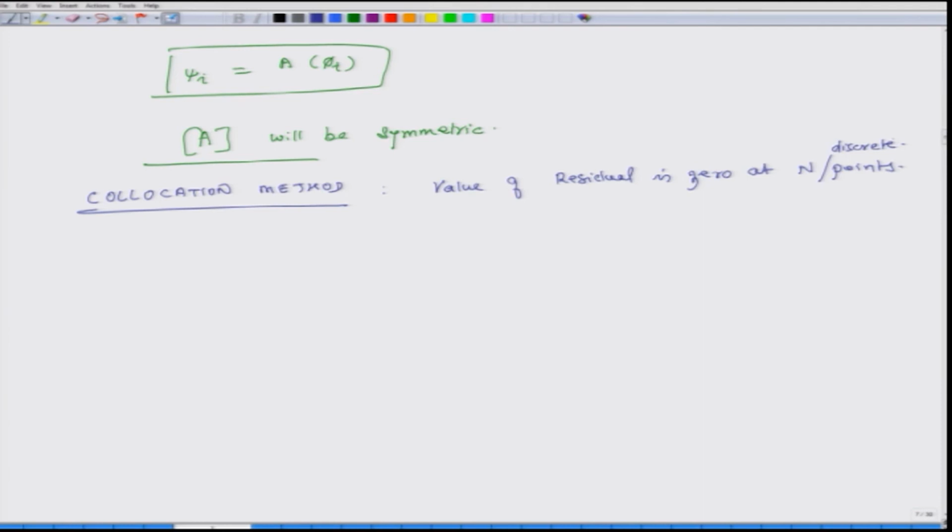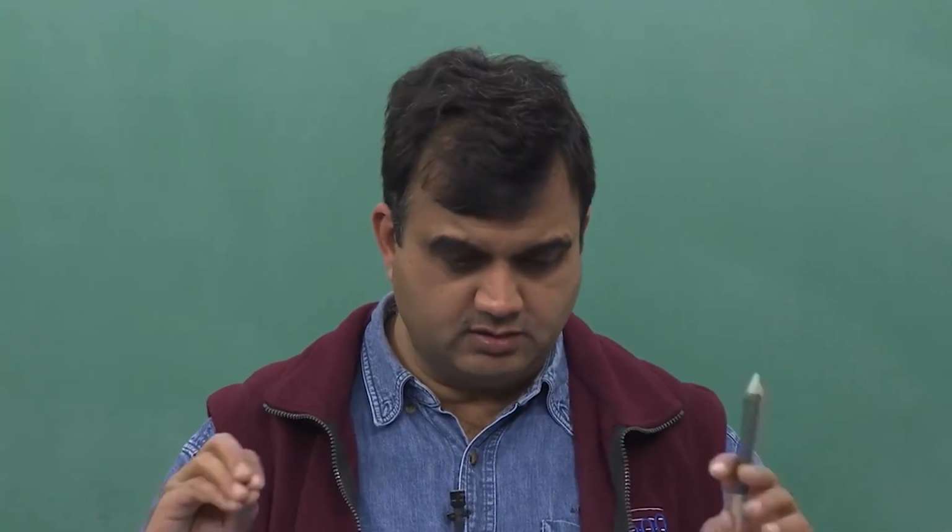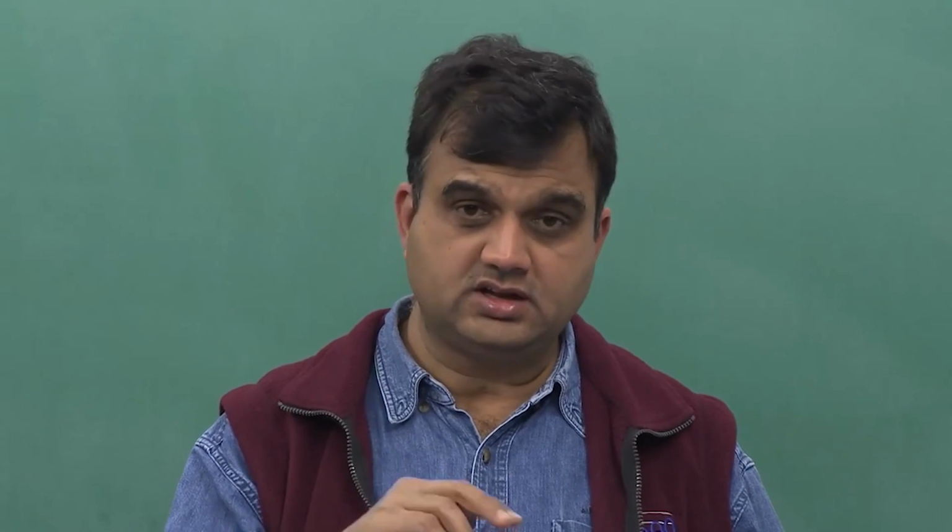So, we identify n points in the domain, suppose I have an n term solution, so I need n equations. I identify n points in the domain which I think are important, and at those n points I ensure that the residual is 0, I enforce that condition.